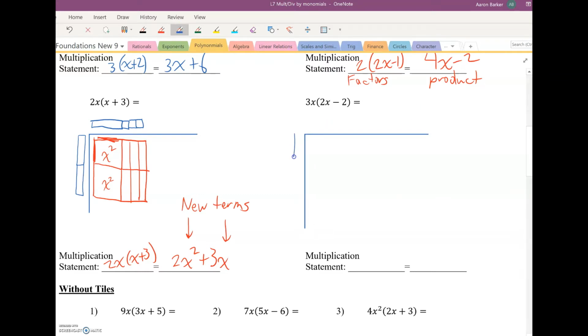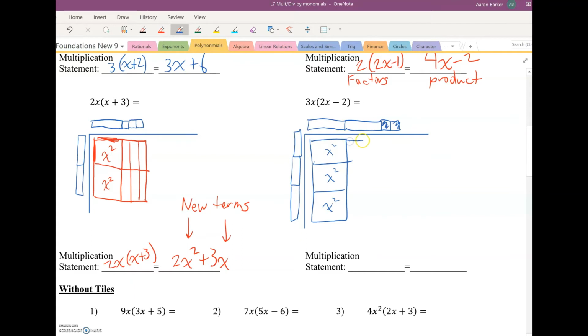Here will be 3x, 1, 2, 3. Here is 2x minus 2. And now for the negative 2, I have to shade it in. So I will have 3x times x. I can choose to draw this way if I like. So there's 3x times x, and you get x squared, x squared, x squared.